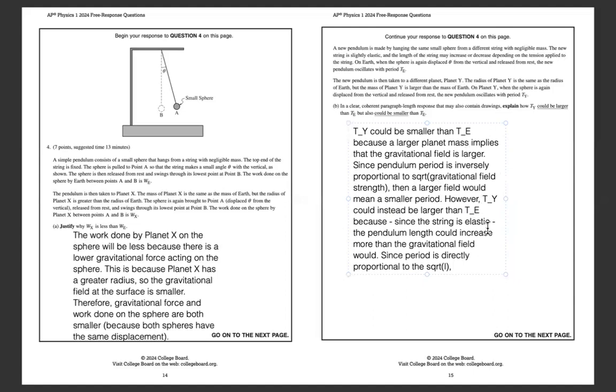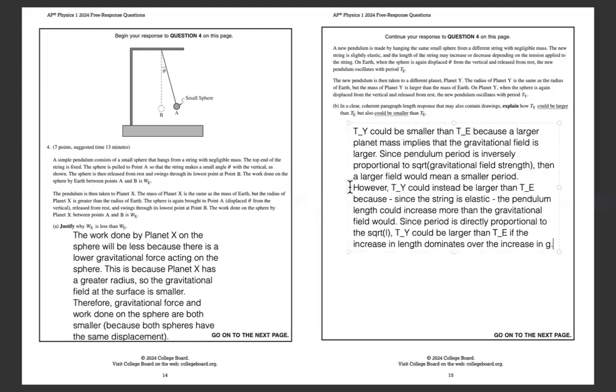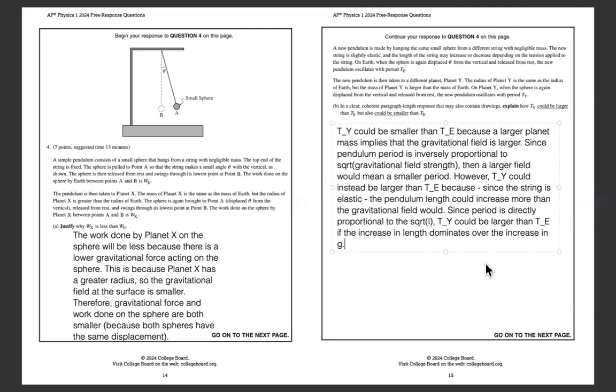So since period is directly proportional to the square root of length, Ty could be larger than Te if the increase in length dominates over the increase in field strength. Then there we go. There's our paragraph length response. So I would say that you get 1 point for talking about each of the scenarios. So that's 2 points total.